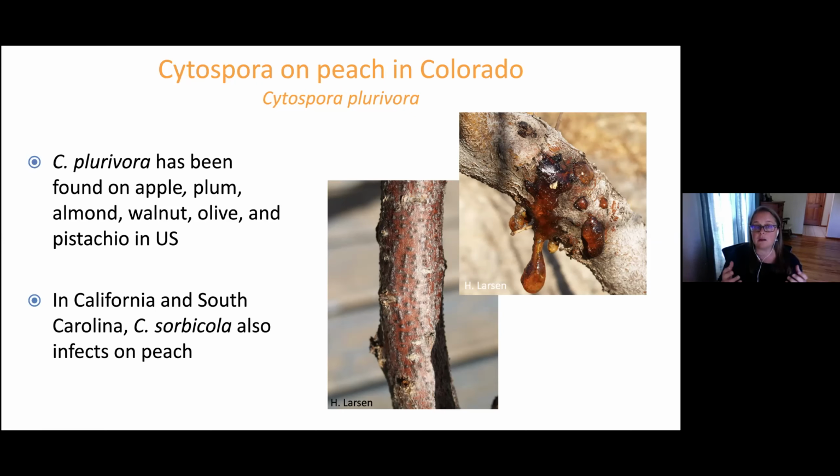The other thing that's really important to note is that there are multiple species that are known to infect peach across the United States. One is Cytospora leucostoma, which was the old name that we thought that we had here, but then also a new species that was named, Cytospora sorbicola, in California and South Carolina.